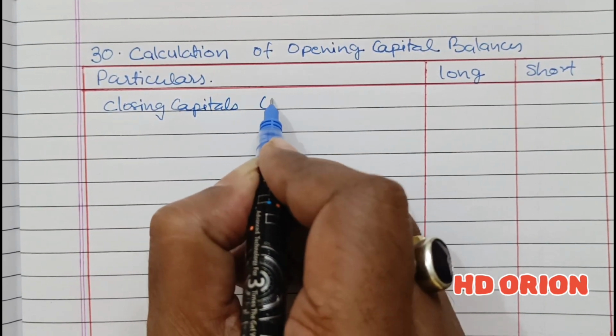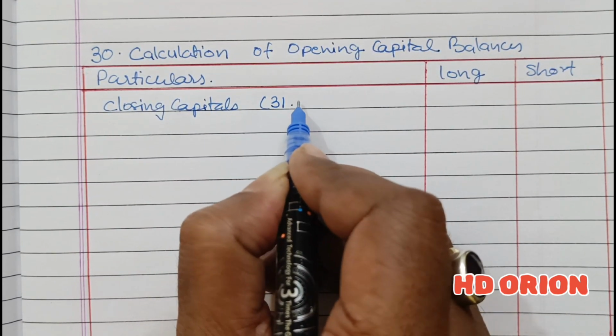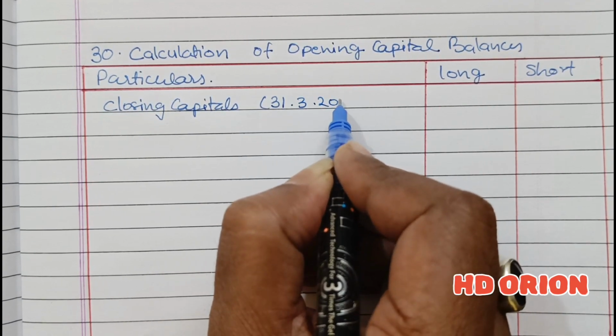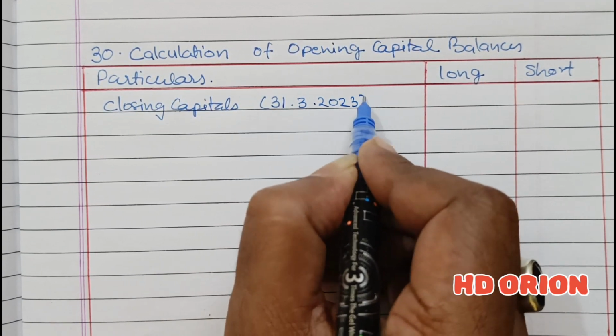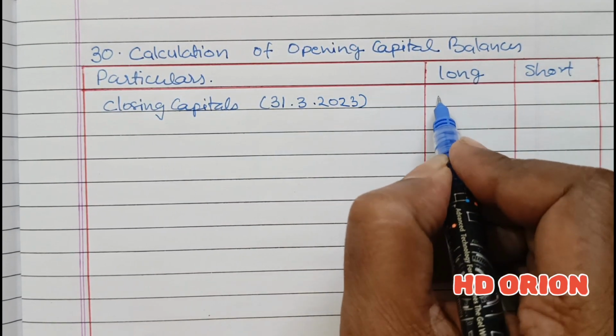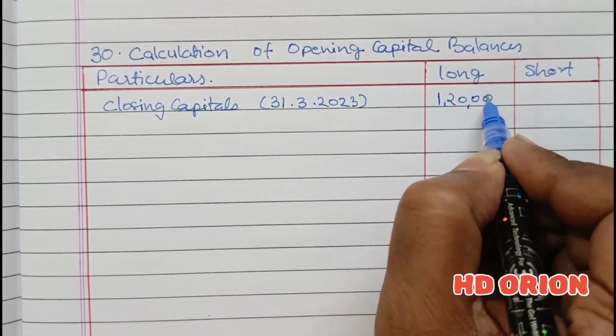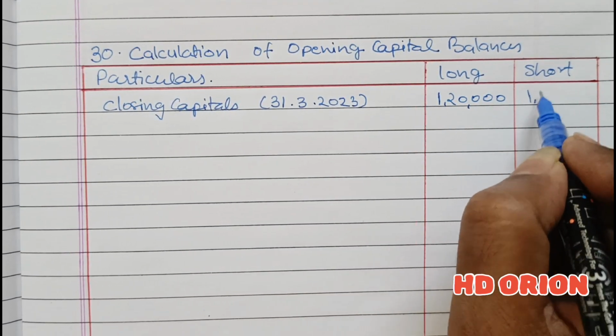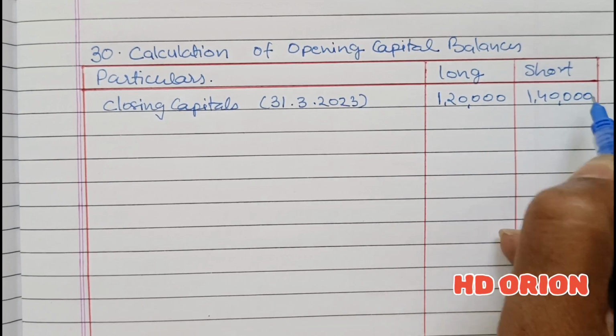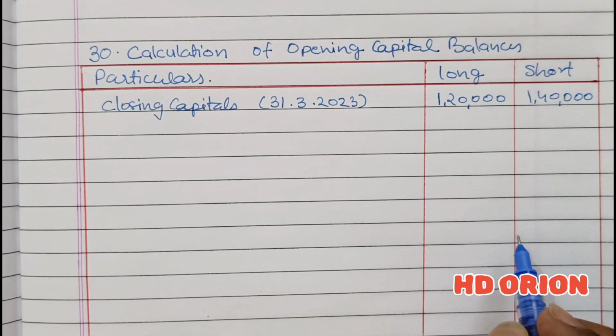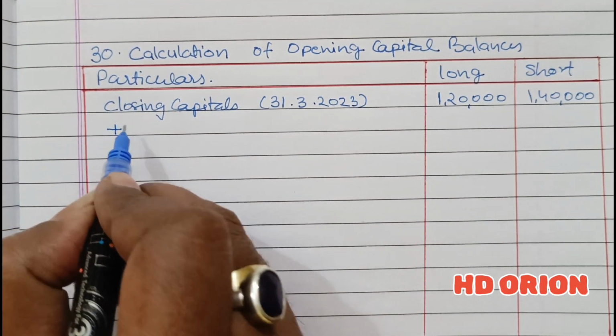That is on the last date of the accounting year, 31st March 2023. As given in the balance sheet, it is 1,20,000 for the first partner, long, and 1,40,000 for the second partner, short. In this we have to add back drawings.